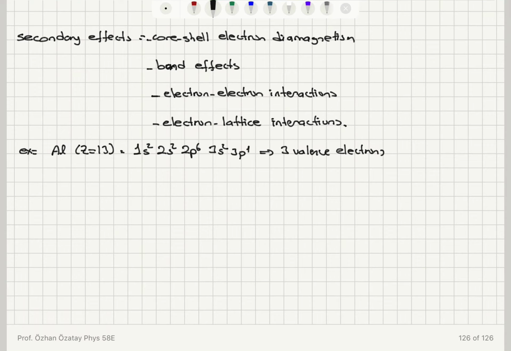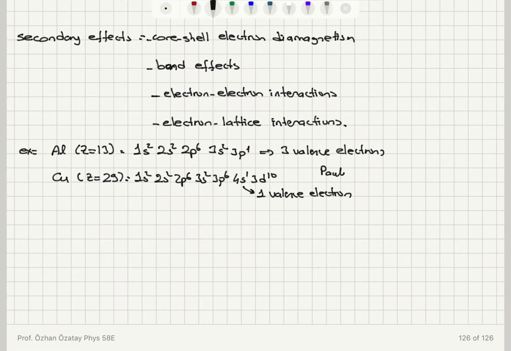Copper, Z is equal to 29, is 1s2, 2s2, 2p6, 3s2, 3p6, 4s1, 3d10. So it has 1 valence electron that is released into the lattice. So these are Pauli paramagnets.